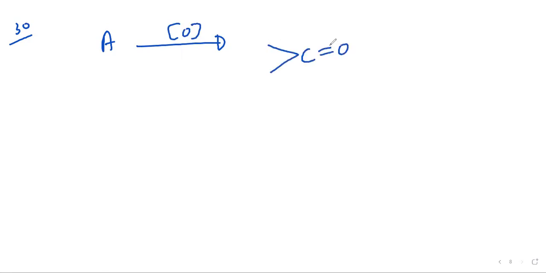So in question number 30, the question was which of the following can be oxidized to a carbonyl compound. So we have taken A here as a reactant and we are doing oxidation, forming a carbonyl compound like RC double bond O. This may be an aldehyde or a ketone.